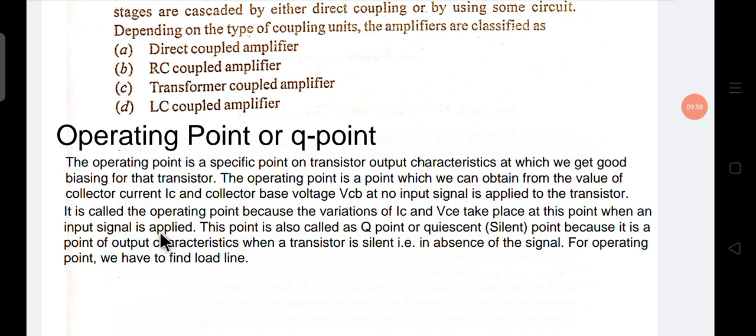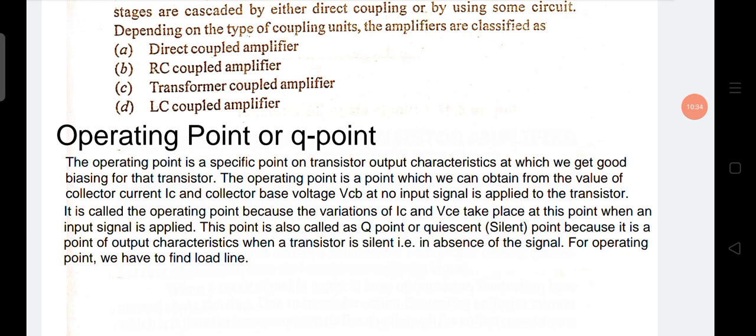That means the operating point of an ideal transistor is one point, but after applying input to the transistor, that operating point changes according to IC and VCC. So that is called the operating point. In that point the transistor operates, and remember that the operating point is always situated in the active region. Active region means the region in which the transistor actively works, not idly at rest.